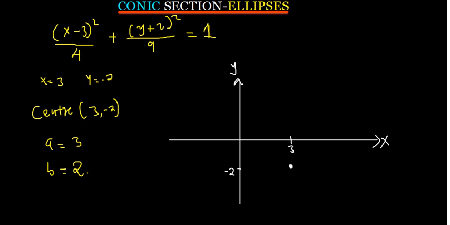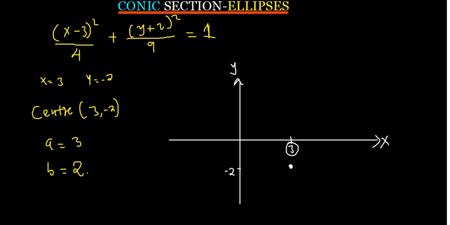So for us to know the vertices or where we are going to end, from the center we are going to be adding and subtracting these values that we have. Now the x value of the center is a 3. So the number that we found, which was below x squared, was a 2.